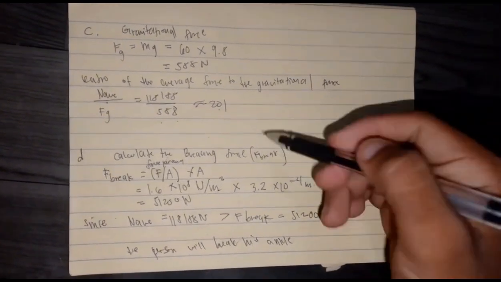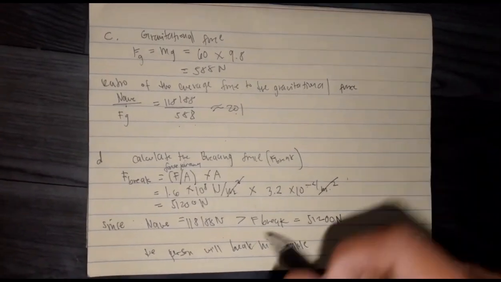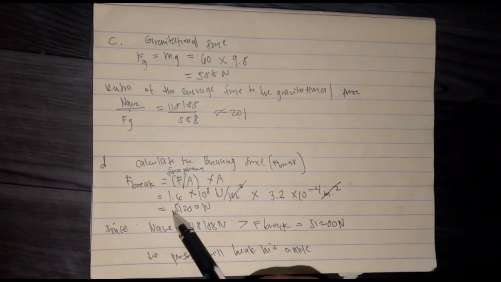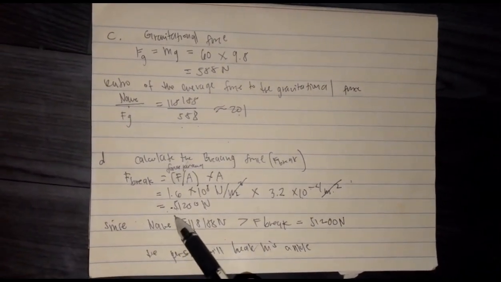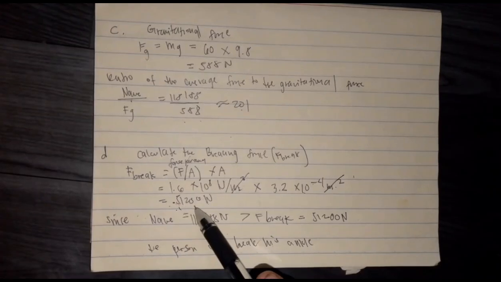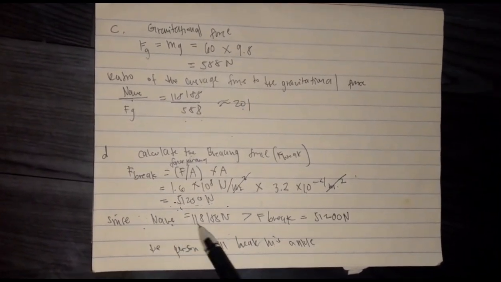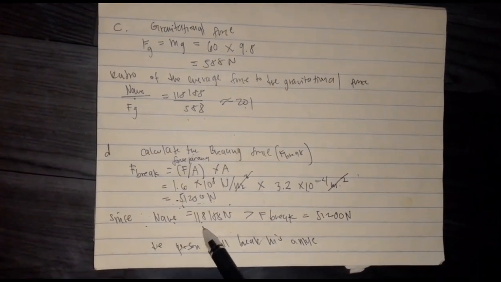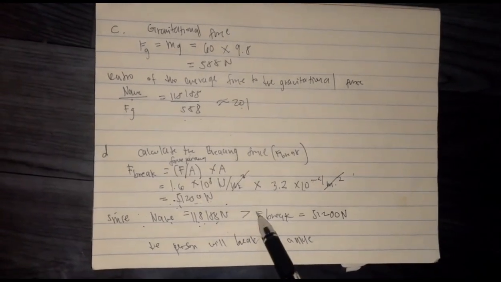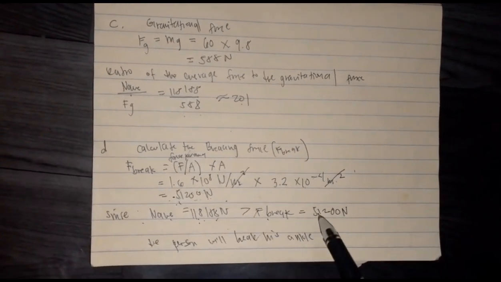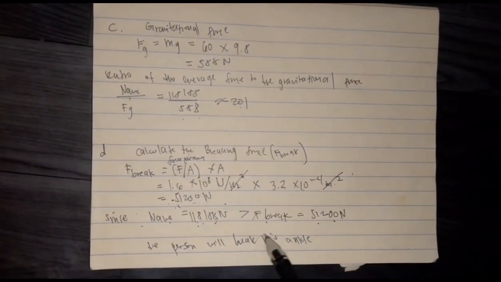So we multiply and cancel the meter squared, and we have an F brake that is approximately equal to 51,200 Newton. Since N average, which is equal to 118,188 Newton, is greater than the F brake, which is 51,200 Newton, the person will break his ankle.